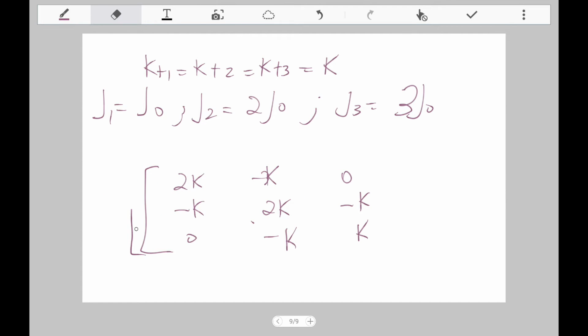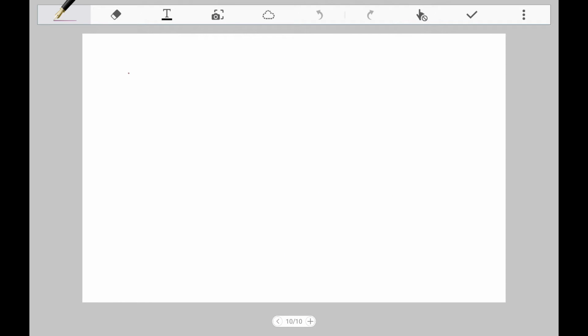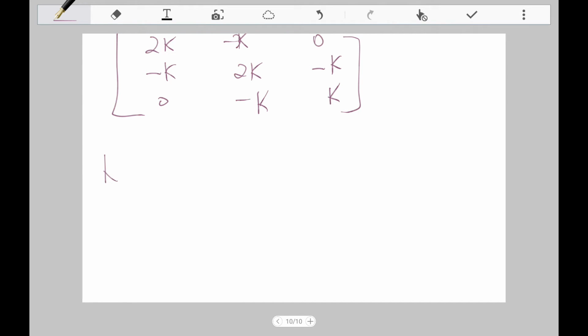So we've got the matrix here. Now what we're going to do is bring the K out and reduce the matrix again. So bring the K out, so that's going to be 2, negative 1, 0, negative 1, 2, negative 1, and then 0, negative 1, 1.